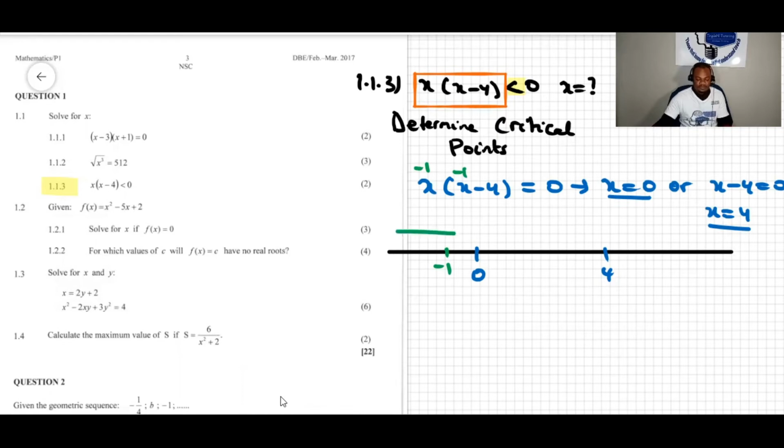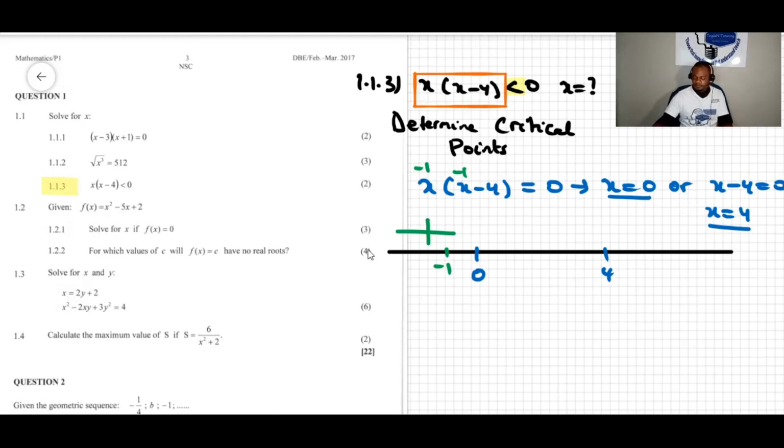This is positive. So over this interval, the solution is positive, and this is true for all the numbers within that interval. This expression will always be positive.